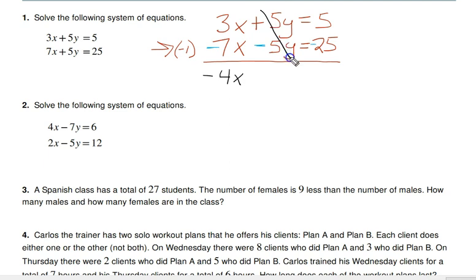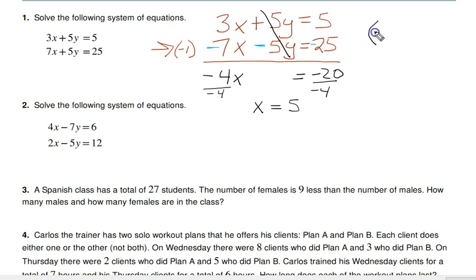Here these cancel out, and this will be a negative 20. So now, to solve for the letter x, I'm going to divide this by a negative 4, this by a negative 4, and I get x equals a positive 5.